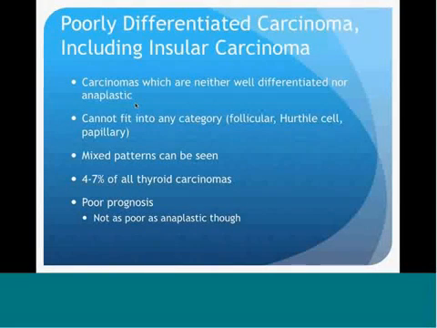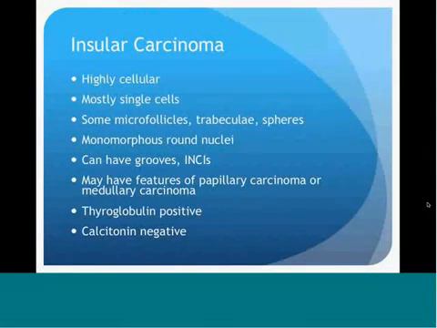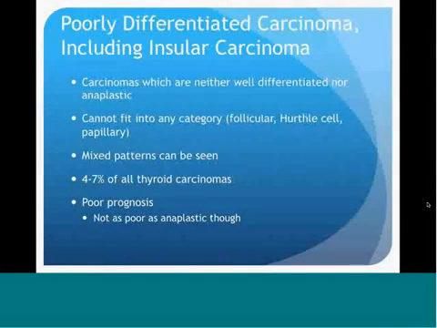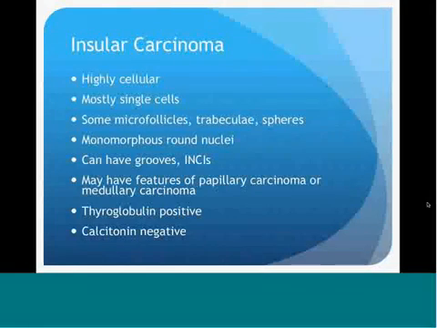You also have poorly differentiated carcinomas, which include insular carcinomas, which are very rare. They're not well differentiated, but they're not anaplastic either. These are really poorly differentiated carcinomas that comprise 4 to 7% of all thyroid carcinomas. These have a poor prognosis, but they're not as poor as anaplastic.